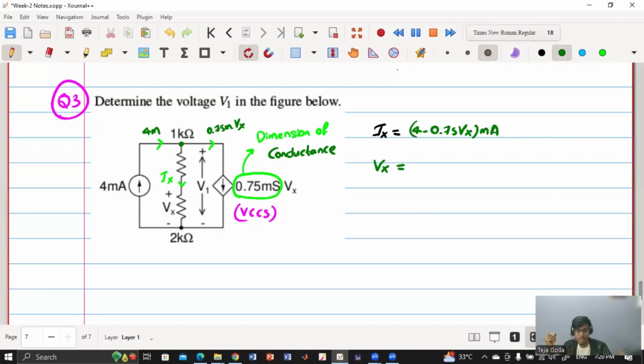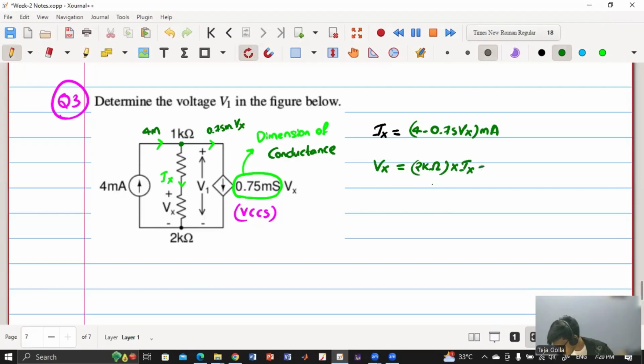Anyone? Any idea? What will be the value of Vx? Two Ix. Yes, 2 kilo ohm into Ix. So Vx is basically 2 kilo ohm into Ix.